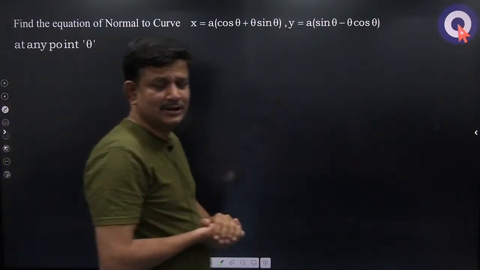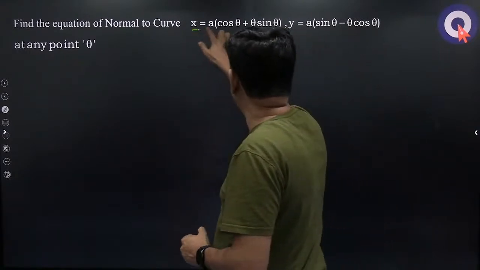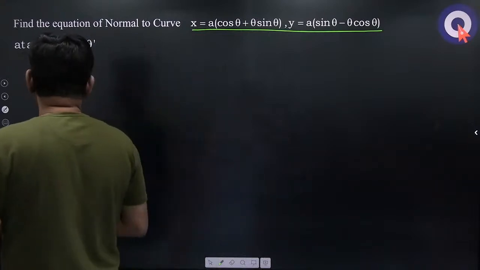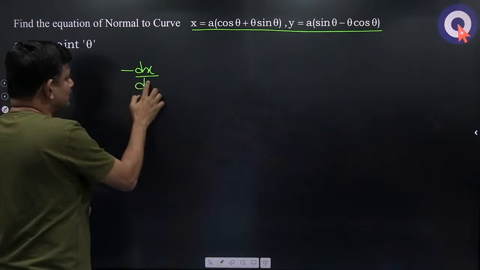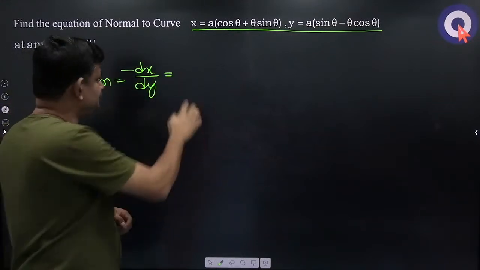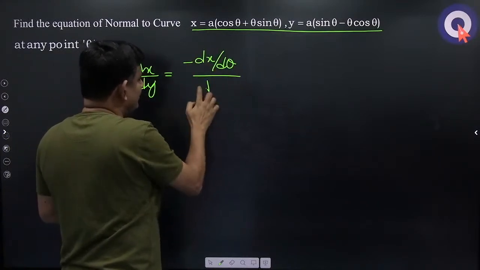Let's take a parametric example. x is given as a function of theta and y is given as a function of theta. Let me find the normal: minus dx by d theta divided by dy by d theta.